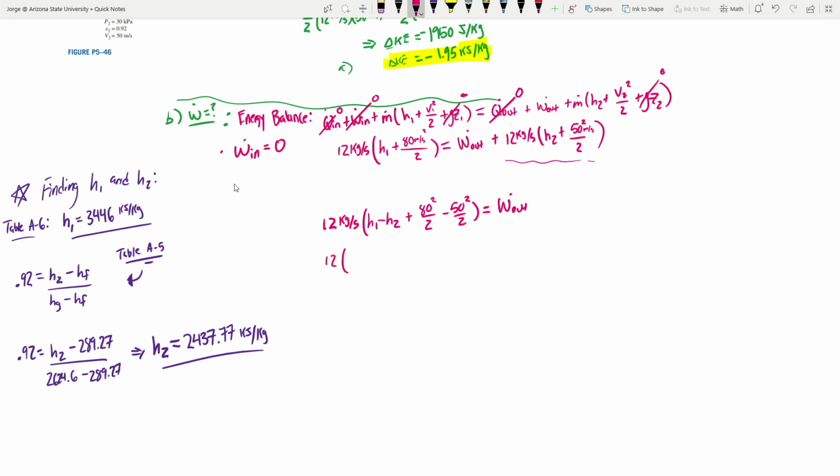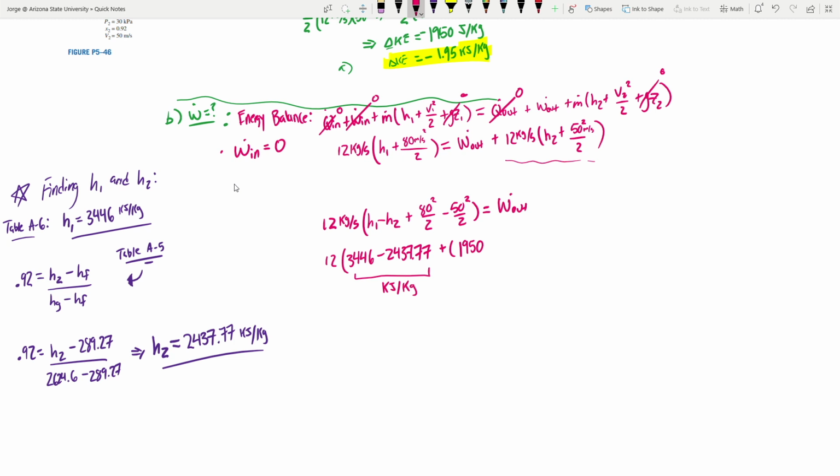Okay, so if we plug in our H1 and H2, and then evaluating this term out, 1950. So recall before I proceed, this right now is in kilojoules per kilogram.